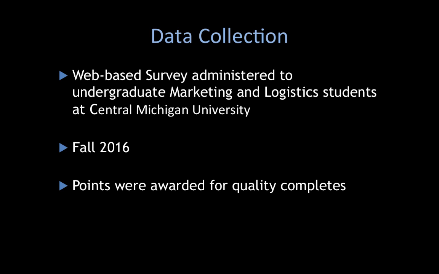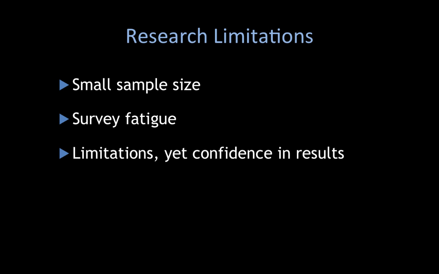We did this in the fall of 2016, and points were awarded for quality completes. Our research limitations were the small sample size and survey fatigue, yet we have confidence in the results.